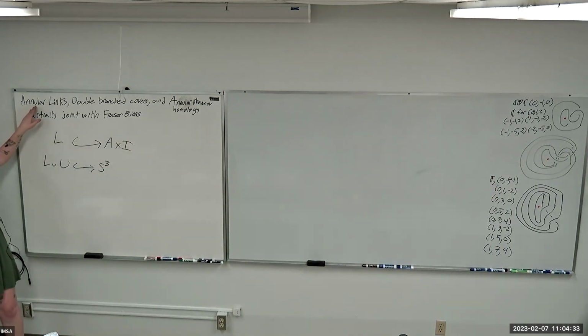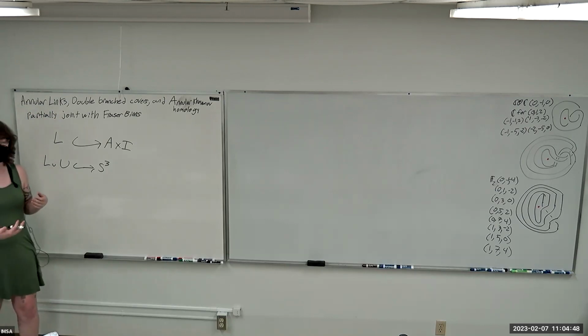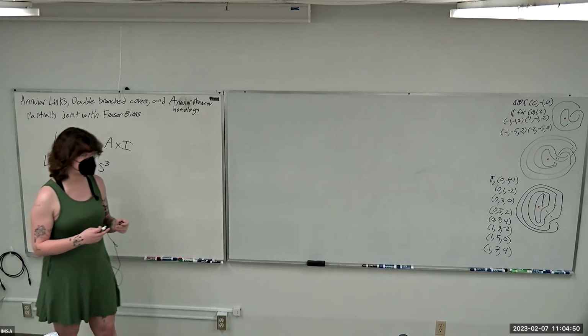I think there are a few places where annular links might naturally appear. One example is if you really like thinking about satellites, annular links are naturally what those patterns are, and studying annular links might tell you things about satellite operations.